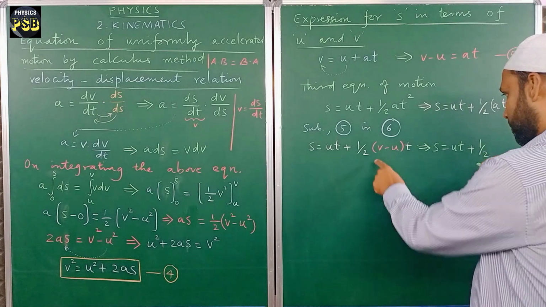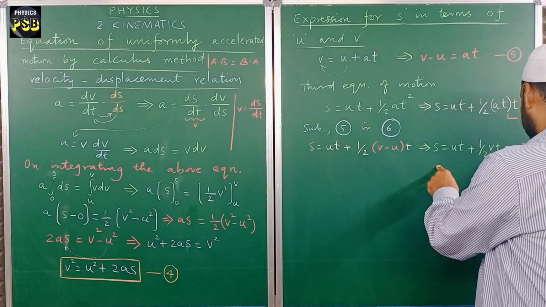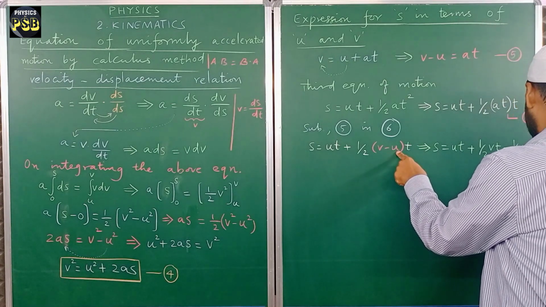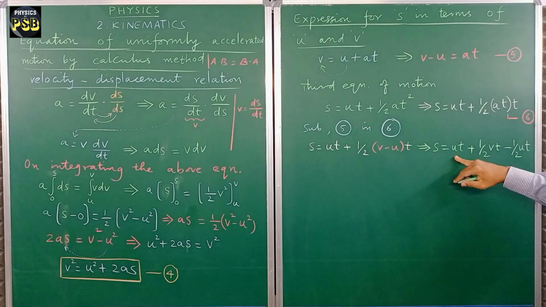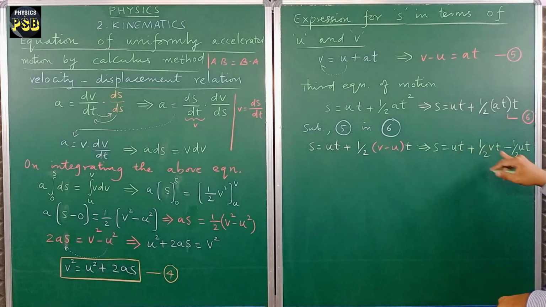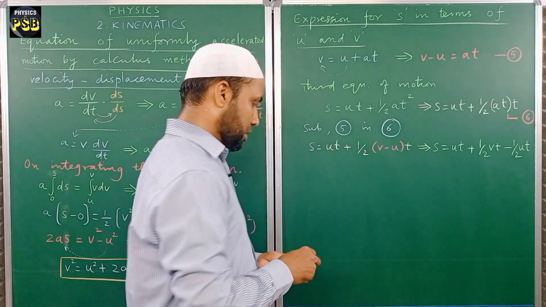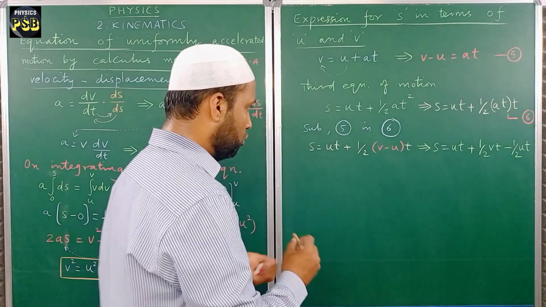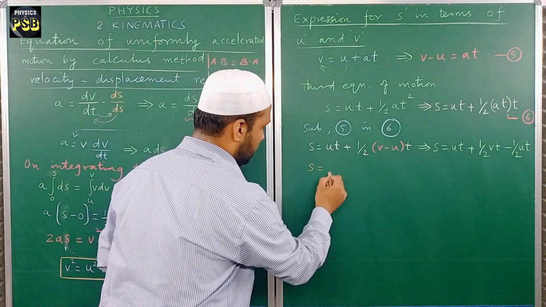So half v multiplied with t, minus half ut. Already we have ut here. This ut minus half ut, we get half ut. I'll use 2 more steps to make you understand this one in a better way.